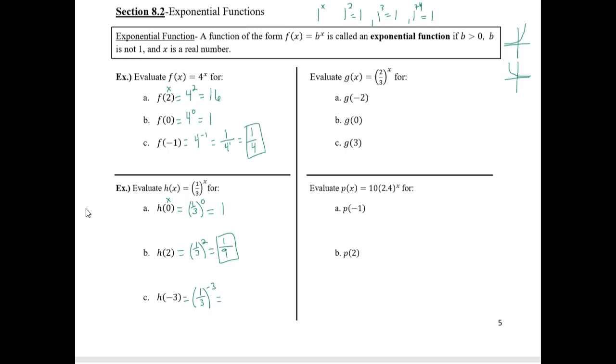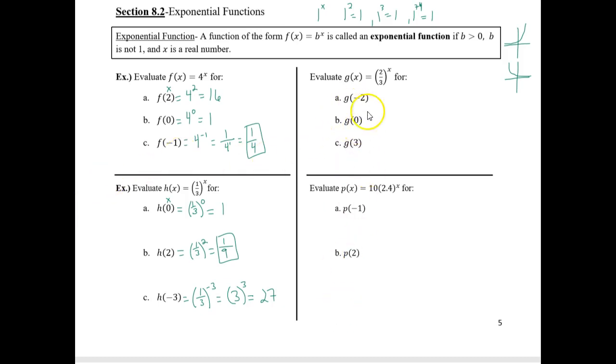So the negative will take the reciprocal. 1/3, the reciprocal would be 3 over 1, or just 3. So the negative took the reciprocal, but now I still have to take the 3rd power. So the 3rd power of 3 is 27, because 3 times 3 times 3 is 27.